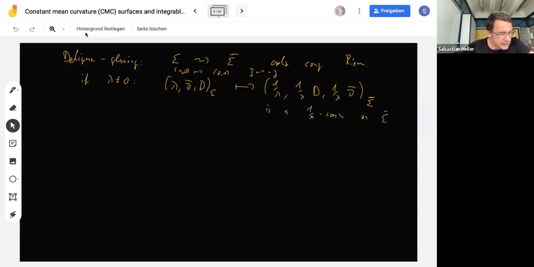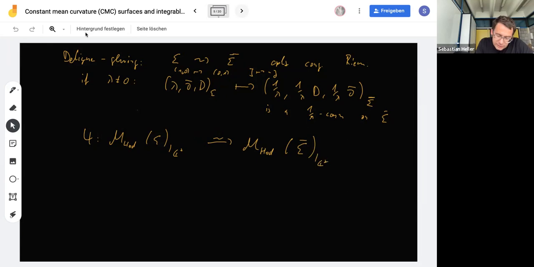So this gives us a well-defined map psi from the Hodge moduli space of sigma, if we restrict that over the pre-image where lambda is not equal to 0, to, and this is a biholomorphic map, of course, the Hodge moduli space of our complex conjugate Riemann surface, again restricted to C star.